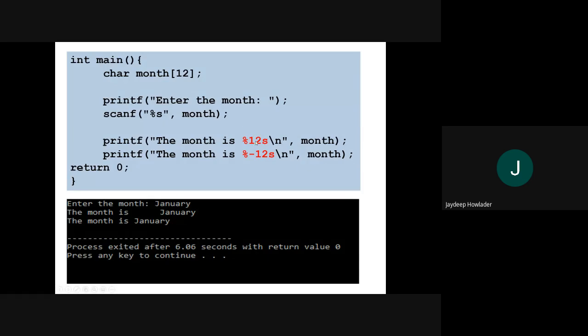So this 12 and the size of the array may be different. The size of the array is a different concept. This is how many positions we are reserving for displaying the string. You can use any number, 10, 12, 30. No problem. Okay, sir, understood.